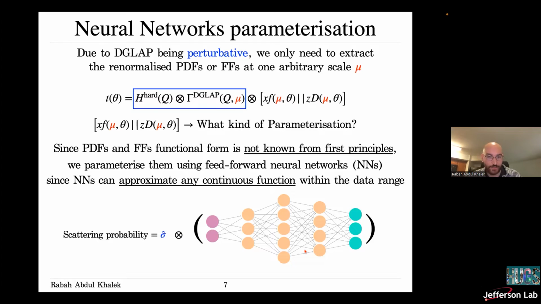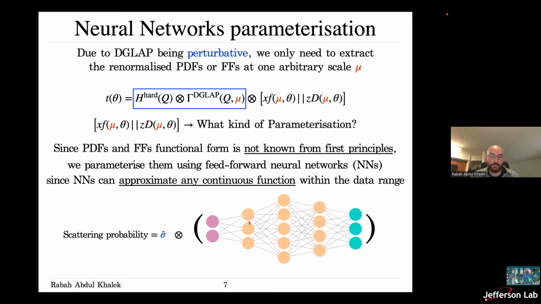What's the motivation? QCD doesn't give you the functional form of these functions, so you don't know if it's a cosine, a polynomial, a Legendre; it could be any function. And since, if you remember from the previous session, neural networks can approximate any function, it seems like a great fit, right? And that's what these collaborations do.